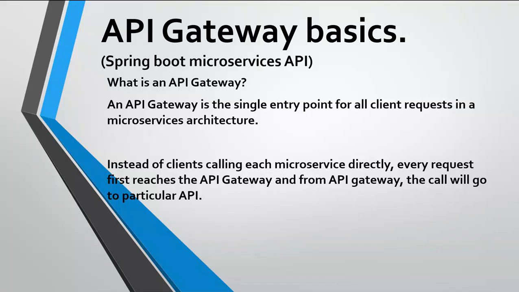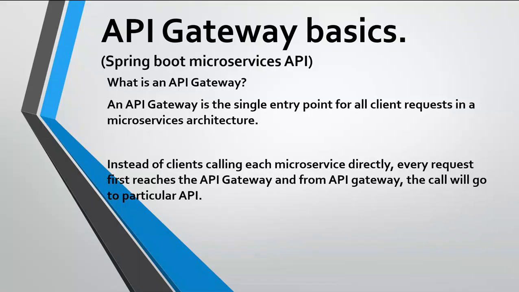Okay, so when we are creating our application, that application will consist of multiple APIs. Instead of calling those multiple APIs directly, we'll use an extra layer, which we call the gateway layer, which will have certain features.